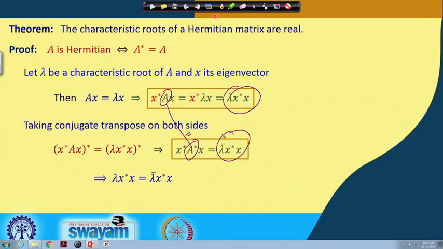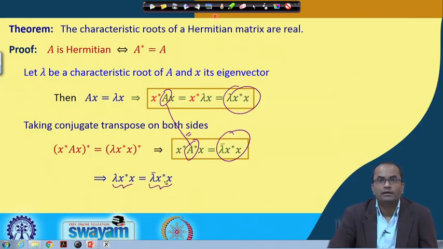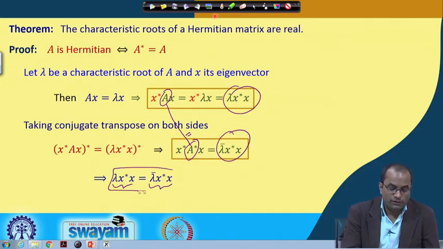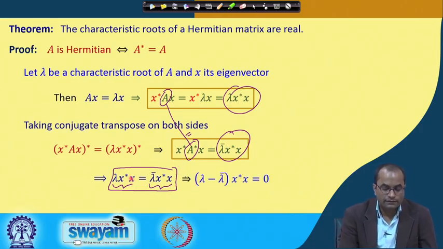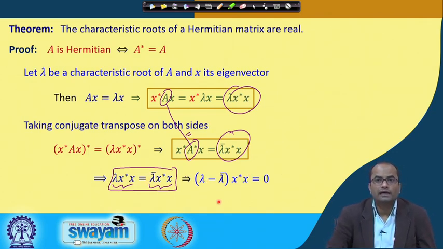Now we can bring it to the left hand side: lambda minus lambda bar times x star x is equal to 0, and x is the eigenvector, so x star x cannot be 0.